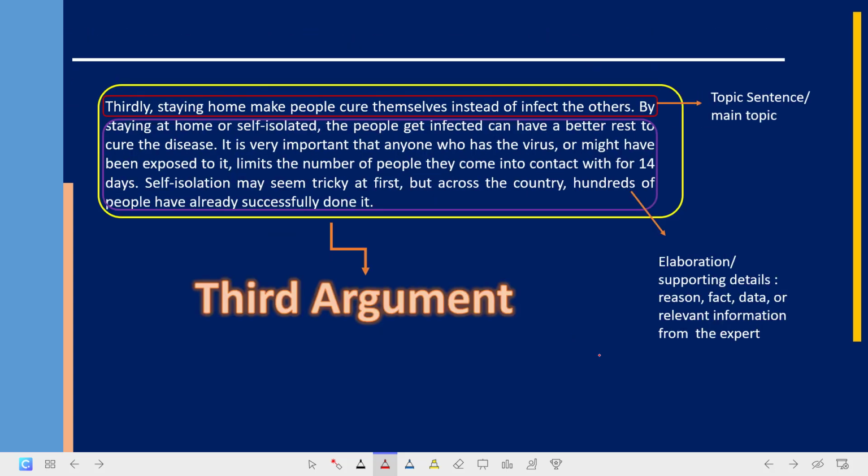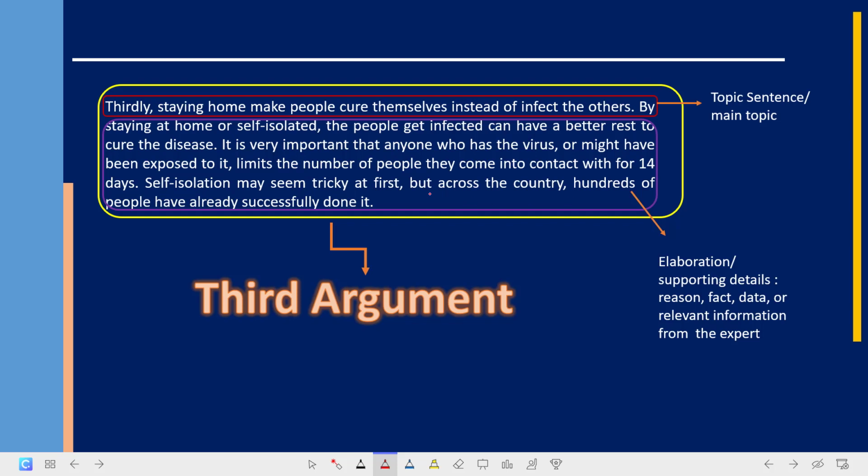Okay, we come to the third argument. The same, we have the main topic. Staying home makes people cure themselves instead of infecting others. Again, we elaborate by the reason, fact, data, or relevant information, probably from the expert.